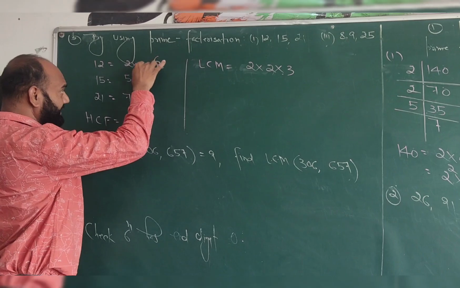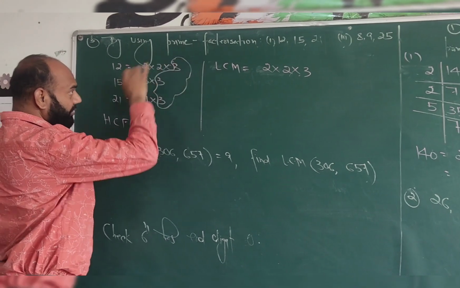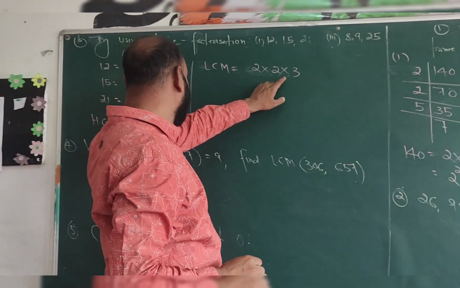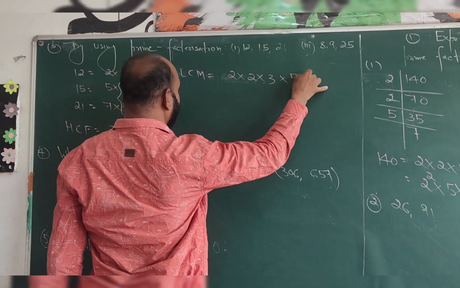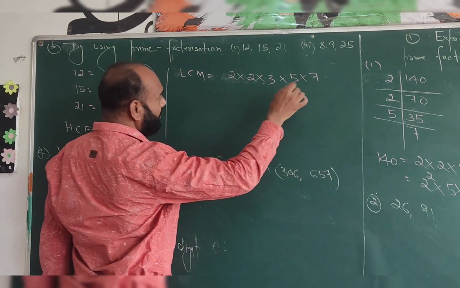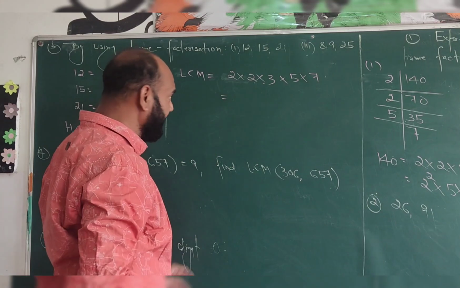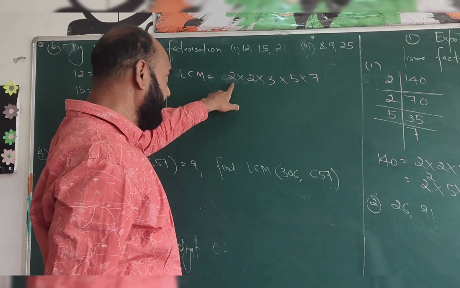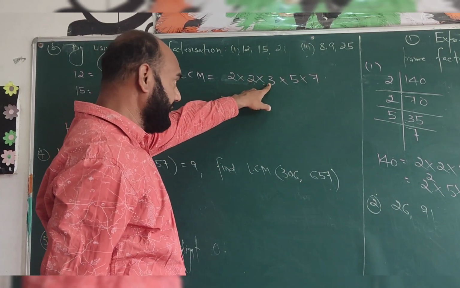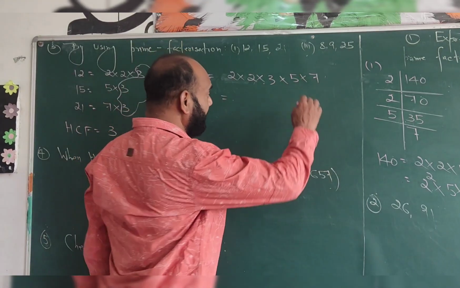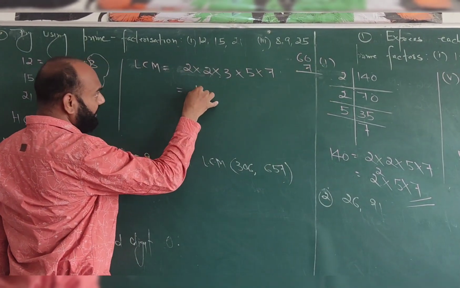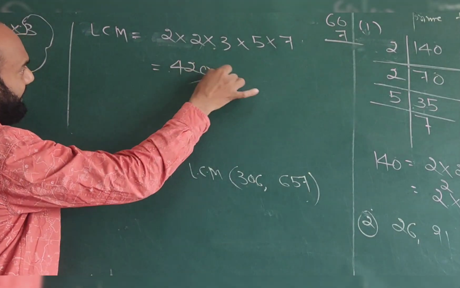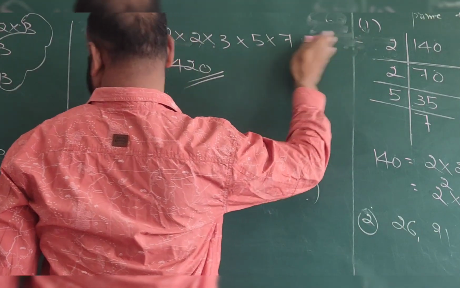We see here that 3 appears 3 times, but in the LCM we can write it only one time. Multiplied by 5 multiplied by 7. So multiplying with the other numbers, we obtain 2 2s are 4, 4 3s are 12, 12 5s are 60, and 60 7s are 420. So 420 is the LCM.